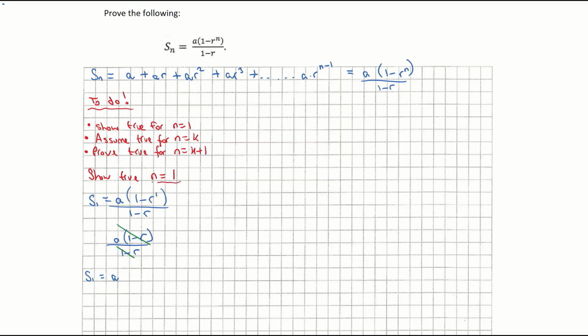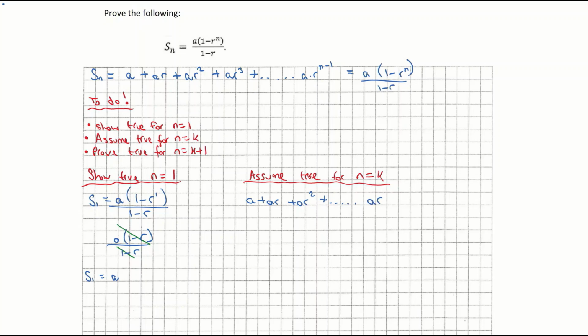Now though, we want to come along and assume it's true for n is equal to positive k. So I'm coming along now and taking my sequence from up above, which is going to be A plus AR, plus AR squared, and so on and so on, until I get to A R to the n minus 1.